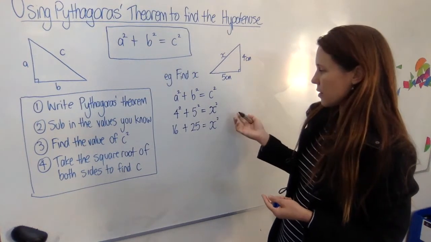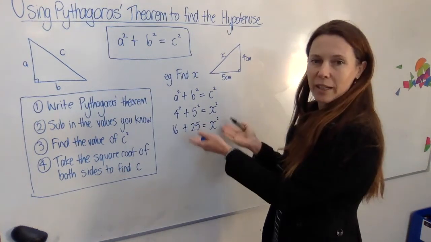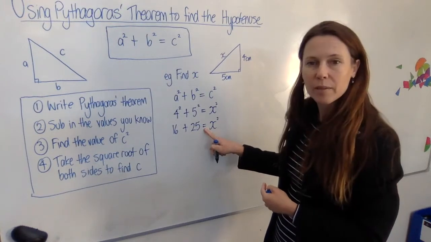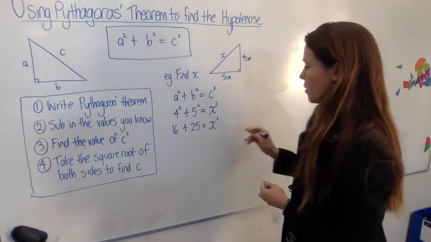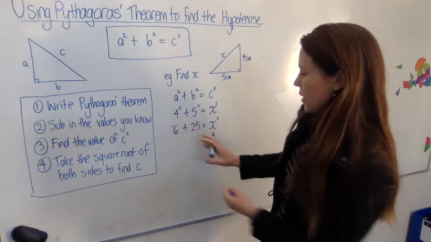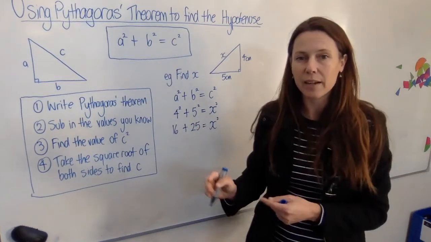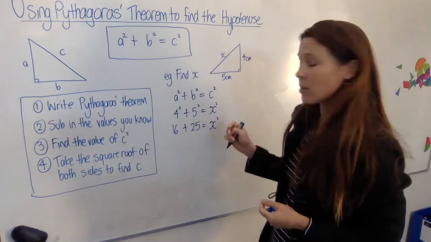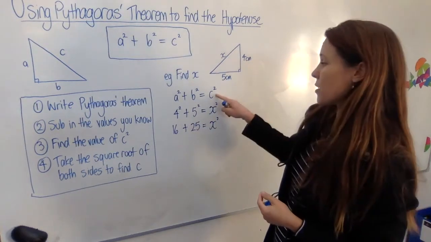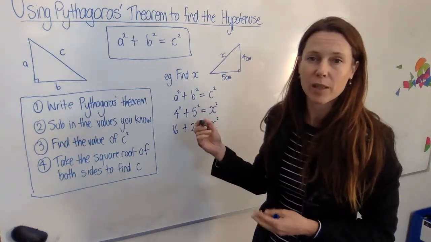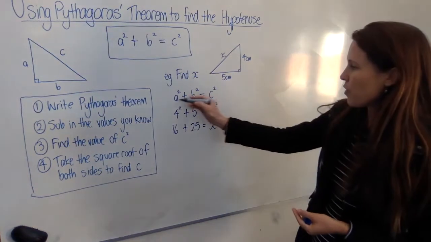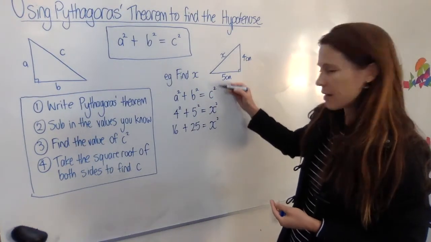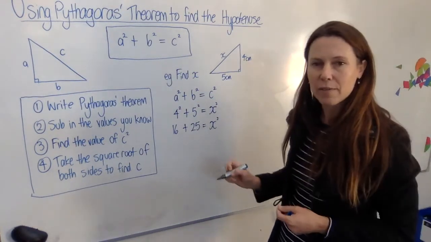Now at this stage, see how an equation is a little bit like a seesaw with the equal sign being the pivot? If you want to write the x squared on this side and the 16 plus 25 on that side, at any point here you could switch them over, okay? And you might like to do that from the beginning. You could have written c squared equals a squared plus b squared. That would be completely fine. I prefer to write it like that every time, and then somewhere on my way down here I'll get everything to swap sides.